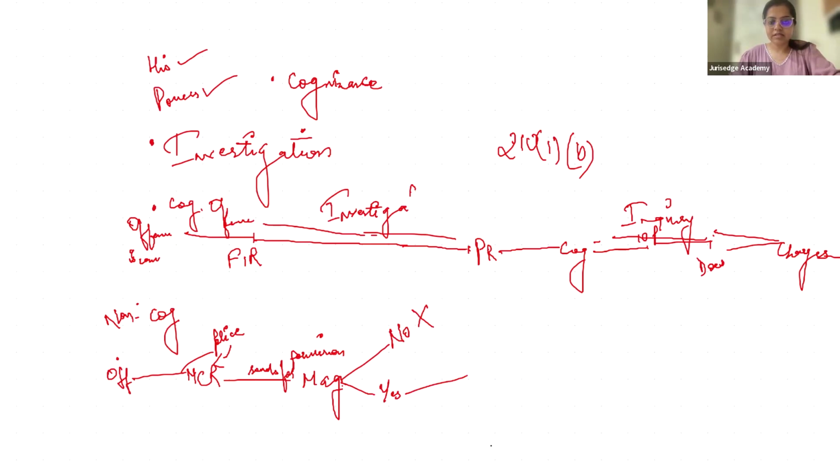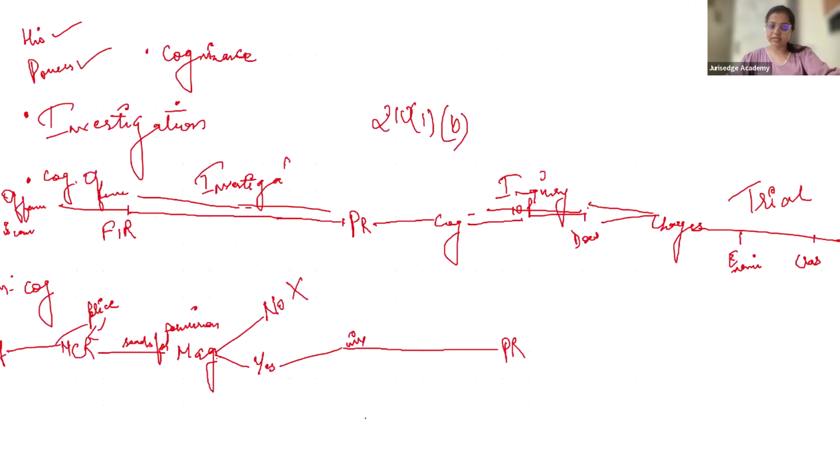And then the investigation continues. The police report is filed, because if the police officers are doing investigations according to Chapter 13 of BNSS, then a police report will definitely come into the picture, because no investigation can be completed without filing the charge sheet.